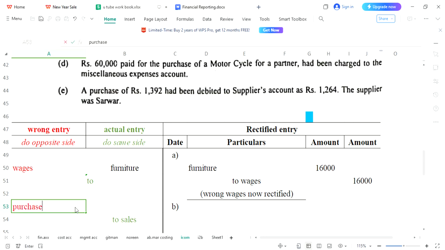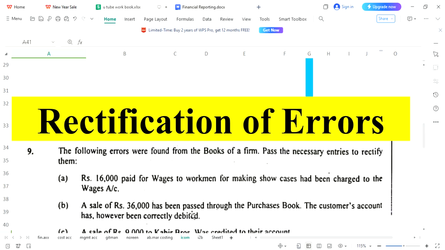Now there is something else described. Customer account has, however, been correctly debited. It means there is no mistake in customer. When there is no mistake, we should not bother about customer.